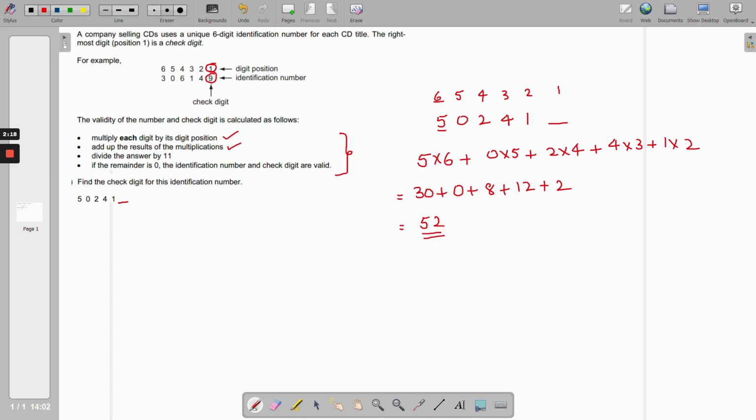Now the division of this answer by 11 should give you a remainder of 0. So if you want to round it off to the nearest multiple of 11, you need to add 3 to this to make it 55, which is divisible by 11.